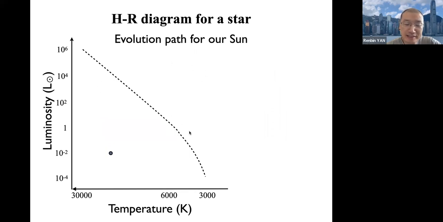And so you see that the star spends most of its time on the main sequence. And that is why most stars we see are on the main sequence, because this is where they spend most of their time. And so if you just look at a random sample of stars, most likely you're going to find these main sequence stars.